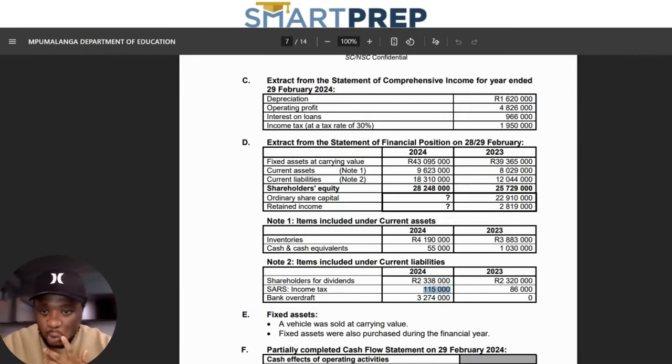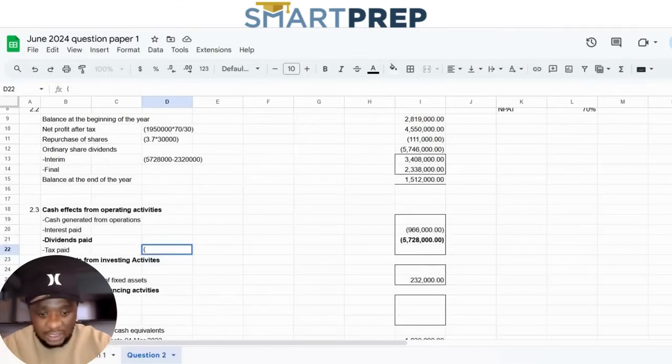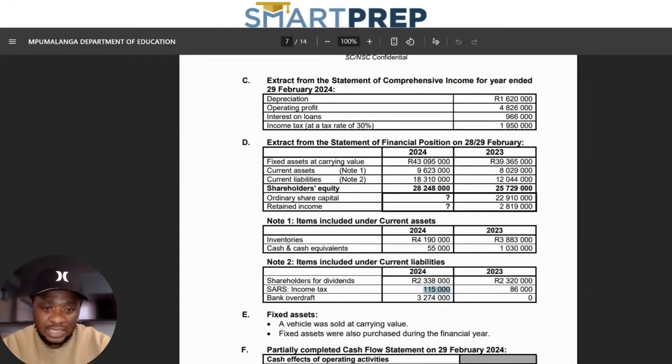All right. So then to start off, we look at the 86,000. So the 86,000 was owing to SARS at the beginning of the year. So by the end of the year, that amount would have been paid. So we say minus 86,000. And then after that, we also just straight up subtract our income tax for the year, which is 1,950,000. And then off that income tax of 1,950,000, you can see that 115,000 of it is still owing.